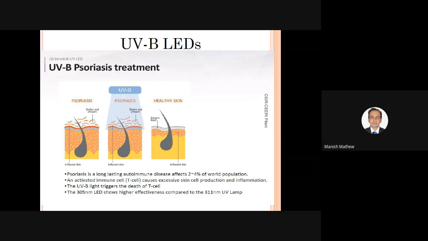So how to treat that? The only way to treat that is with the help of a UVB light source. When we shine this UV light on the skin, it triggers the death of T cells. The best and most effective wavelength for the treatment of psoriasis is a 305 nanometer LED, while the conventional treatment was done with a UV lamp with a wavelength of 311 nanometers.